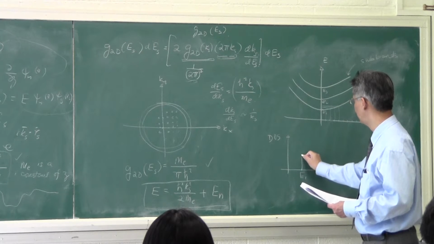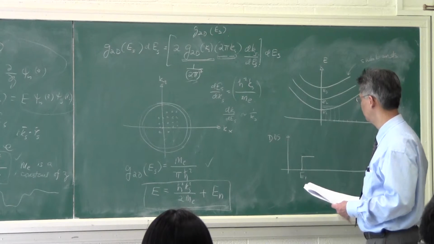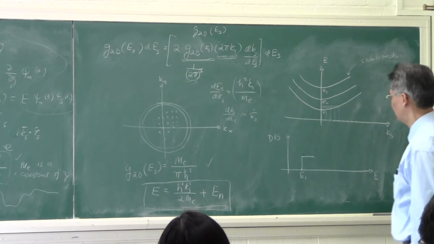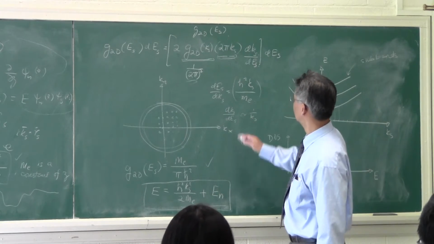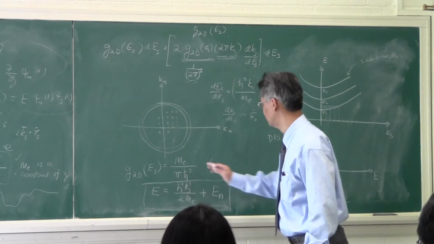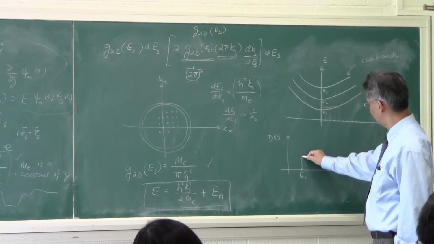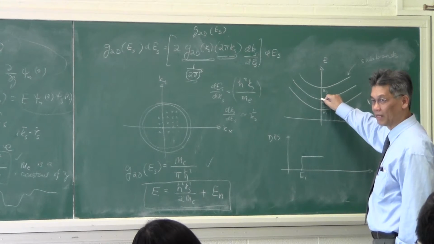When I reach E1, I suddenly jump to a constant value. And that is this constant. Yeah, this constant. And then after that, it will remain constant until I pick up this other subband.